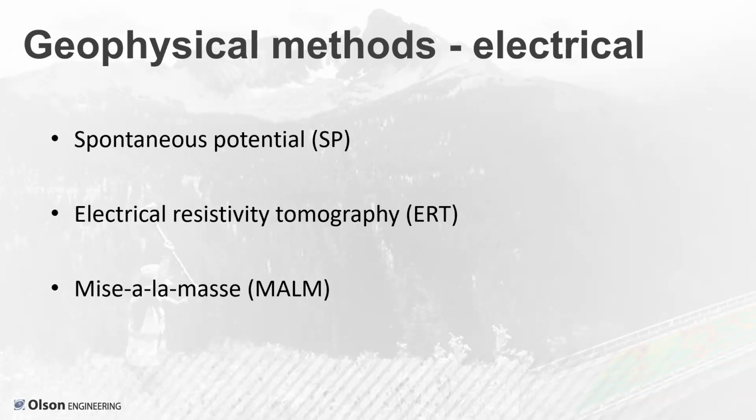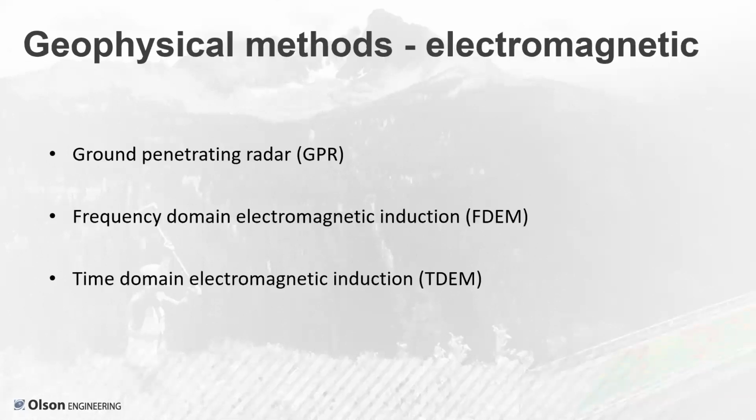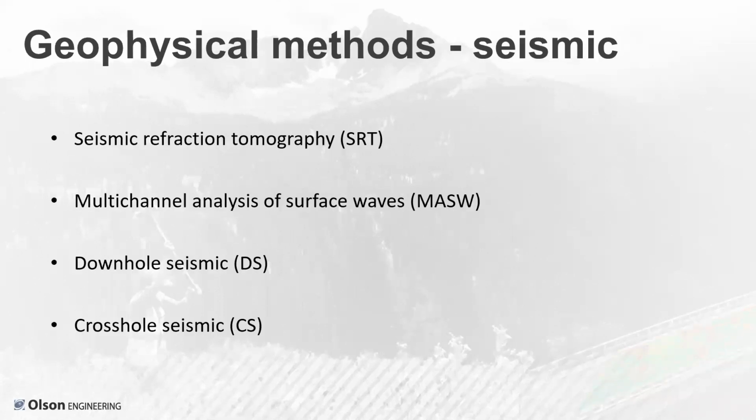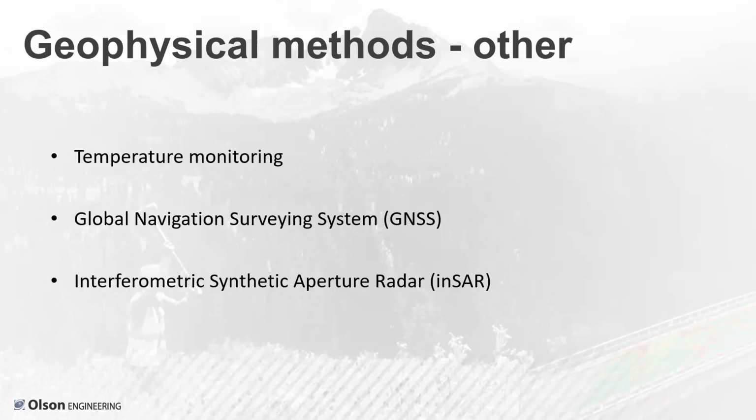So that's spontaneous potential, SP, electrical resistivity tomography, and MASW. Then electromagnetic methods: ground penetrating radar, frequency domain electromagnetic induction, time domain electromagnetic induction, seismic methods: seismic refraction tomography, multi-channel analysis of surface waves, downhole seismic, crosshole seismic, and then other methods.